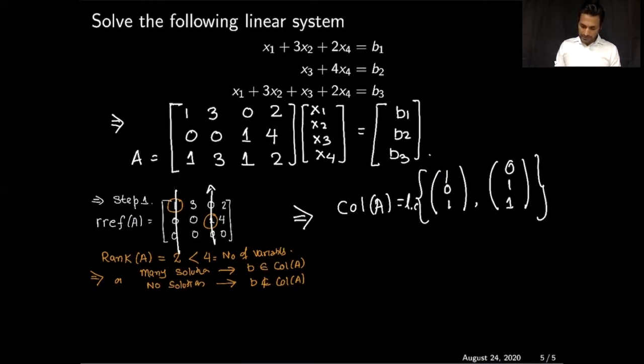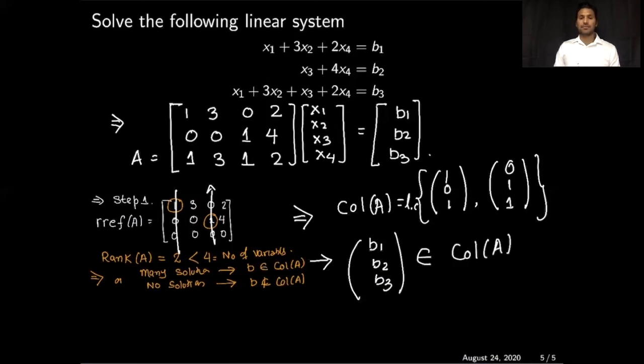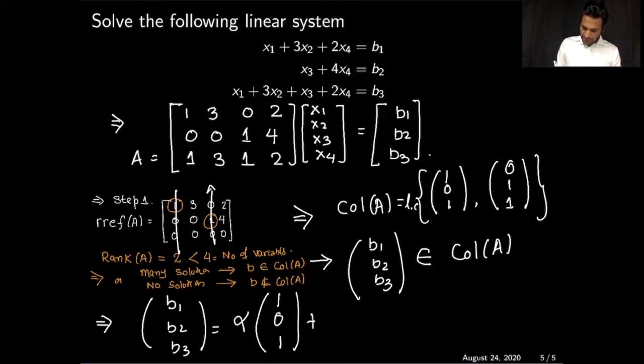So this is the column space which is generated by these two vectors. So now let's check when it has infinitely many solutions and when it has no solution. To have infinitely many solutions, the right hand side column vector b, which is b1, b2, b3, must be part of the column space of the matrix A. Or in other words, b1, b2, b3 can be written as alpha times 1, 0, 1 plus beta times 0, 1, 1.